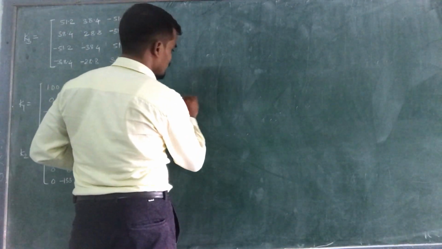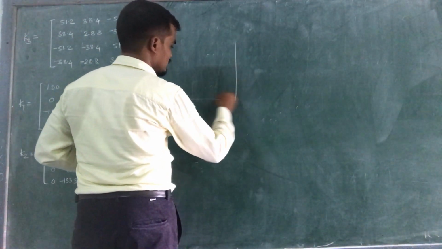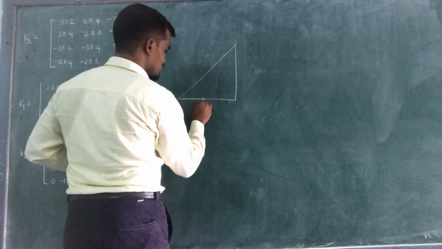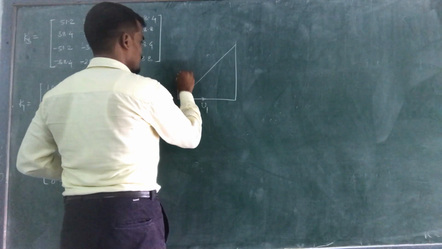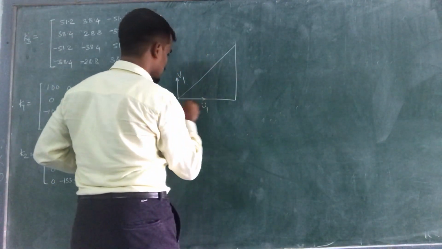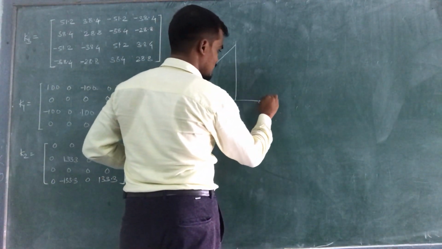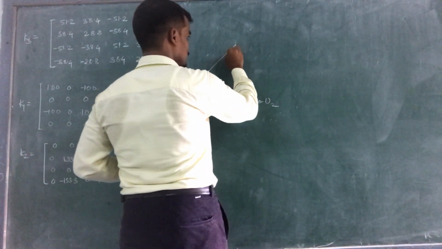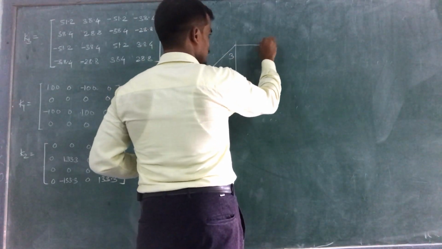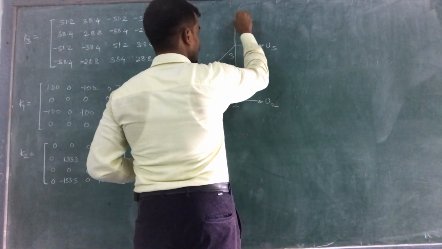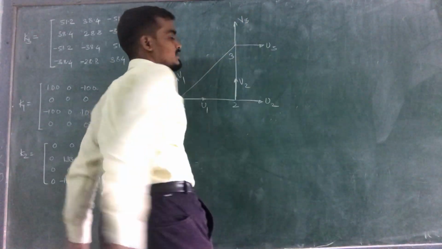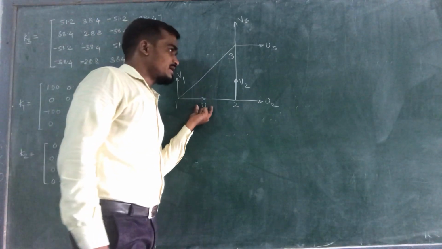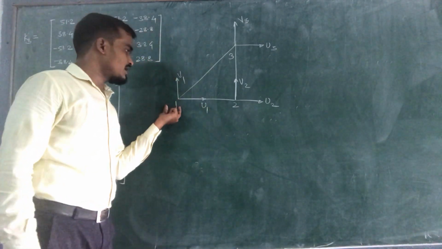So your problem is like that. For the first node, you know the displacements are U1, V1. For the second node, the displacements are U2, V2, and for the third node, displacements are U3 and V3. Okay, so the connectivity of the first element is in between node 1 and node 2.